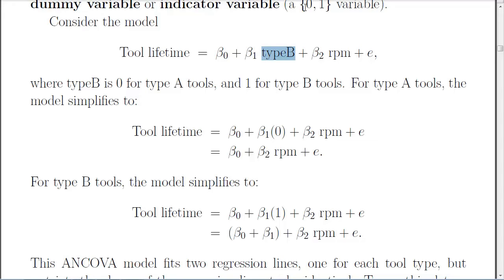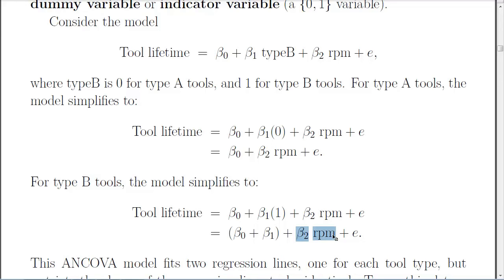So that leads us to two different models depending on the type of tool. Just to explicitly write that out, for type A tools, type B is a 0, and so the model simplifies to just beta naught plus beta 2 RPM. And for type B tools, that indicator is a 1, and notice what happens here. That 1 gives you beta 1 and beta 0. Those are both scalars all by themselves, and so those add together. That represents a difference in the intercept.